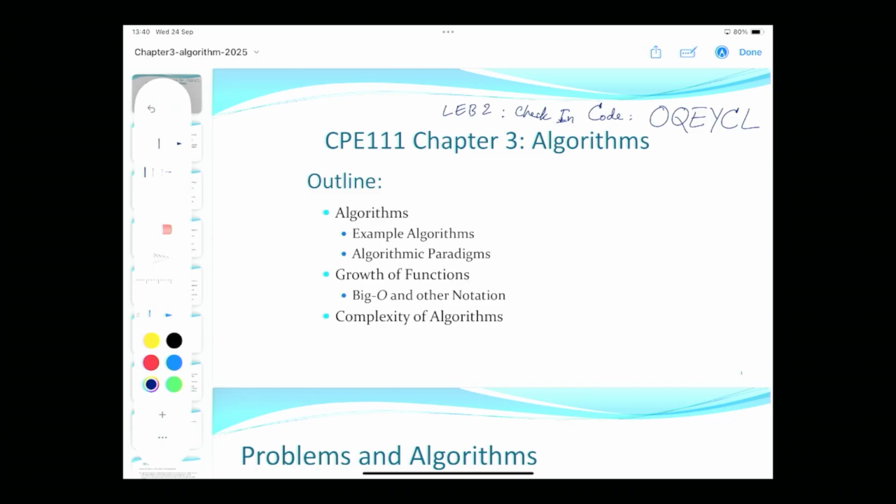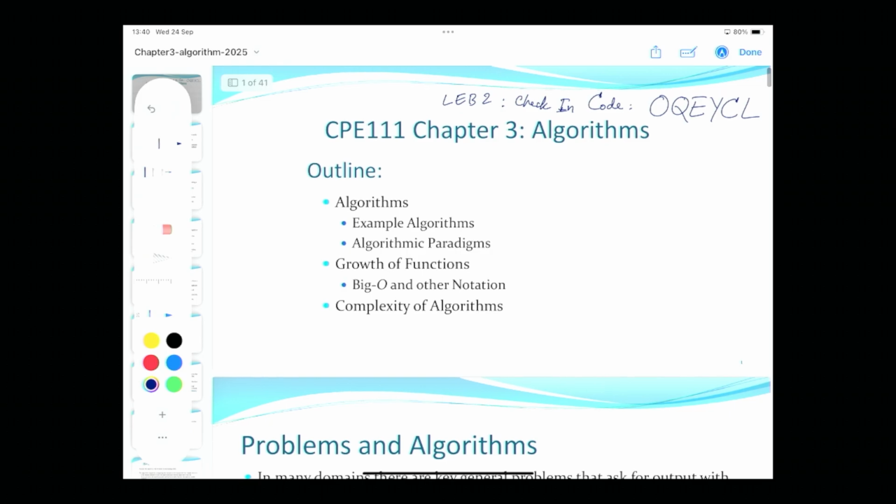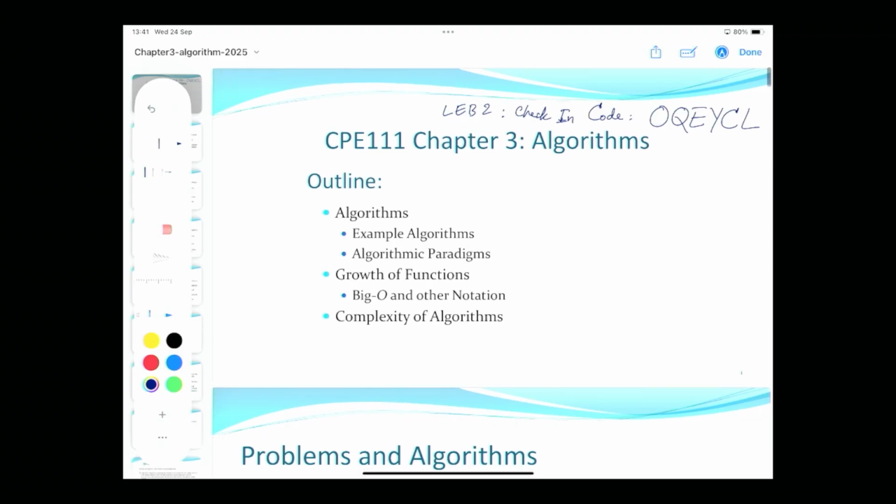We're going to see the description of the algorithms, what they are. This is very related to other courses that you have now, right? So programming language and what else? Do you take data structure now or soon?